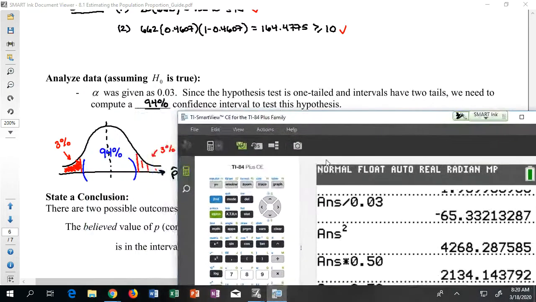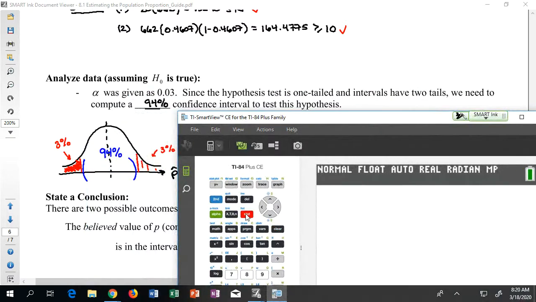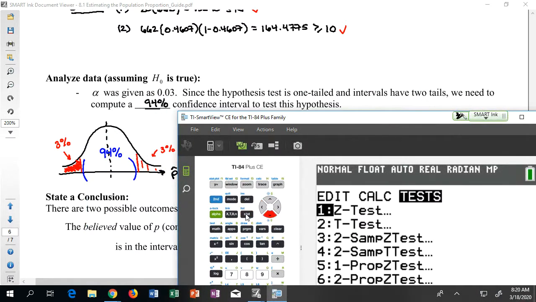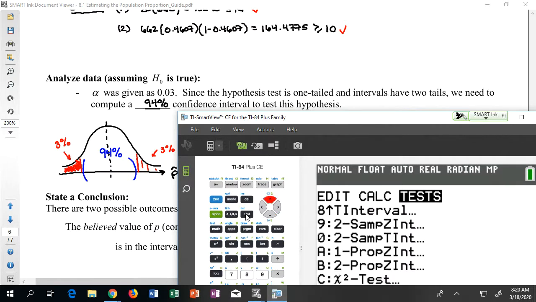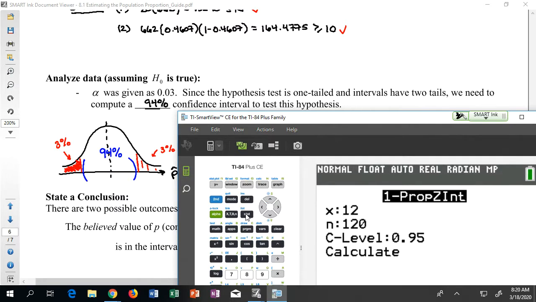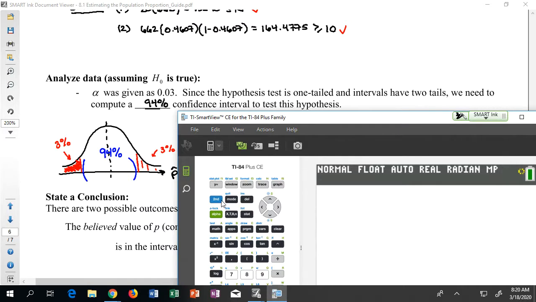Okay, so now I'll go to the calculator and I'm going to try to construct this interval. I can go down and construct a 1 prop z interval. Oh, there it is, option A, 1 prop z interval. We had 305 out of 662. We built a 94% confidence interval.